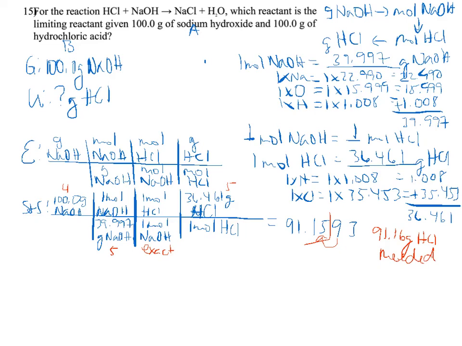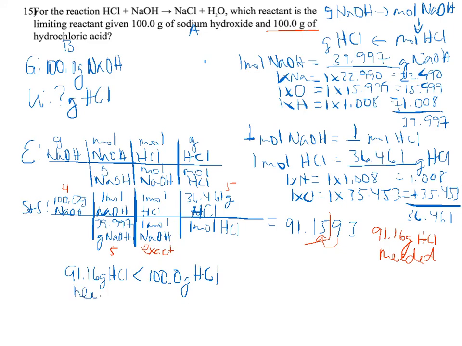Okay, so then you compare your needed back up to what you were given, 100 grams of hydrochloric acid. All right, so 91.16 grams of HCl is less than the 100.0 grams of HCl you were given.